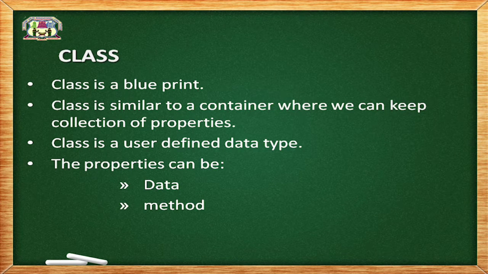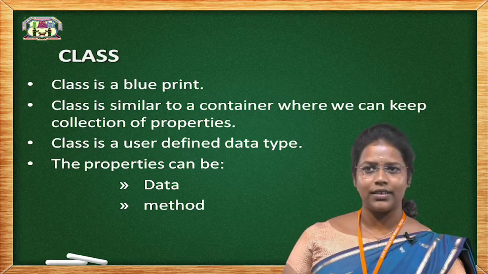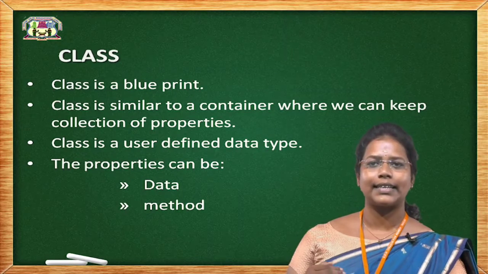Similarly, users can create their own data type. Such a data type is called a user-defined data type. The class consists of a collection of properties, and the properties can be data and method.